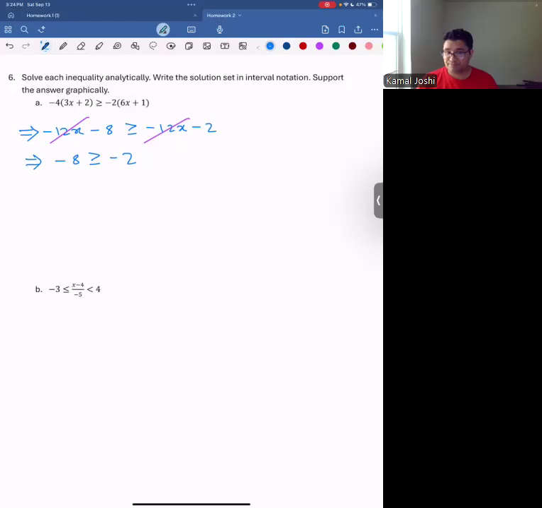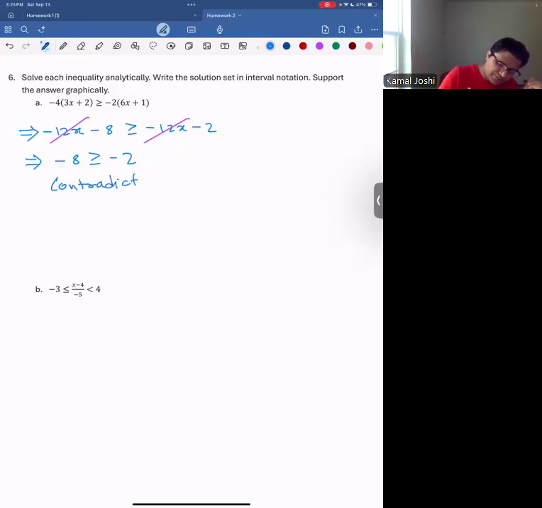Now, is that a problem? Think about that. On a number line, minus 8 is more to the left. And we are saying that is equal or greater than minus 2. Minus 2 is closer to 0. It is to the right. So if you go to the left, it should decrease, not increase. So this is not a proper conclusion.